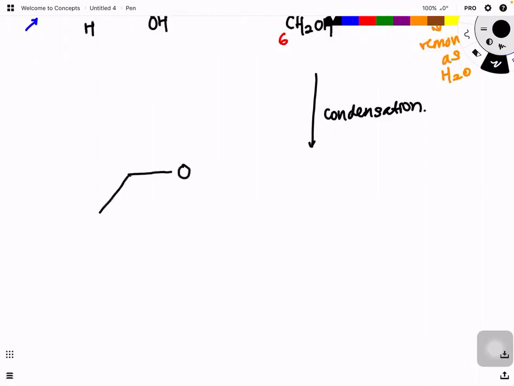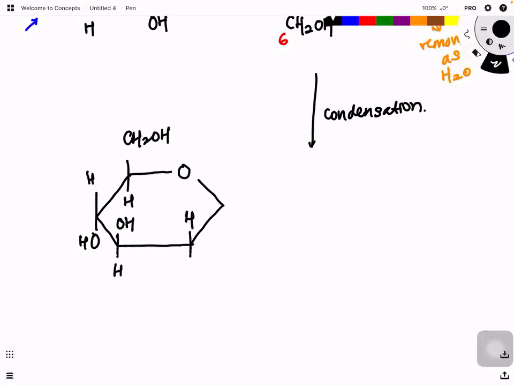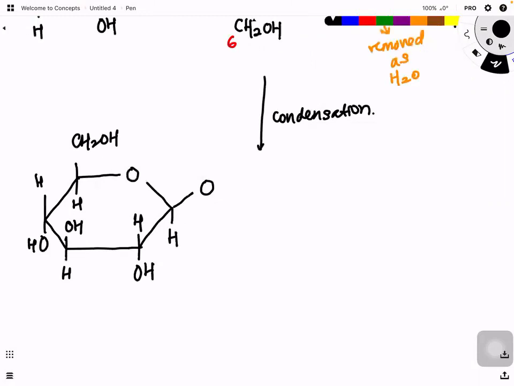So first one, you don't need to flip it. So OH, H, CH2OH, H, OH, H, H, OH. And then this one, be careful, H below the ring, then you form the glycosidic bond. Okay. Can you see that?